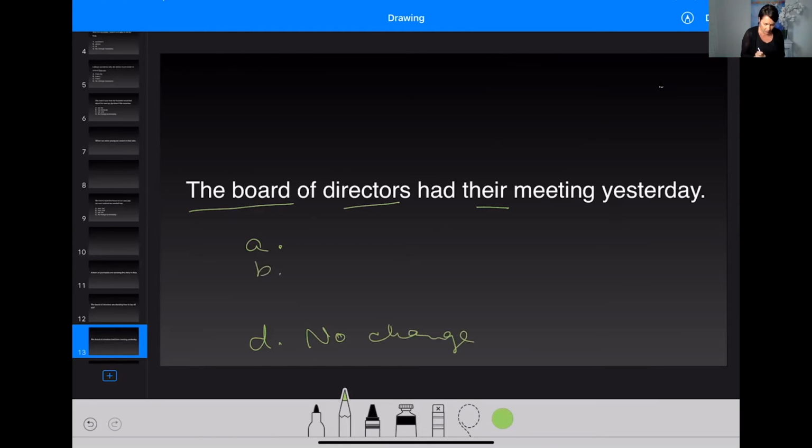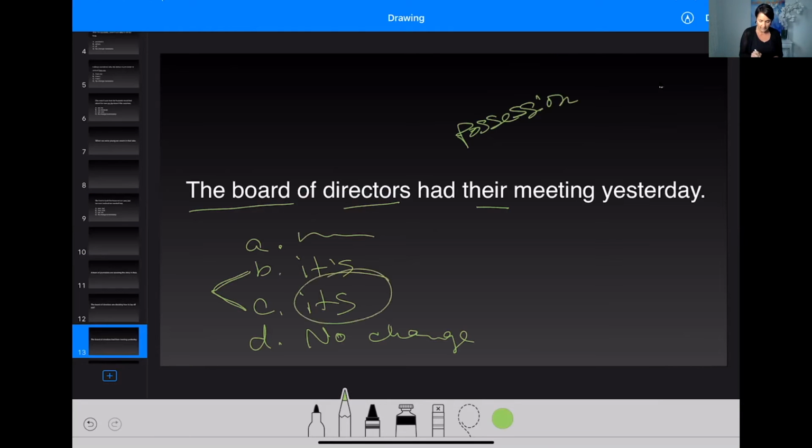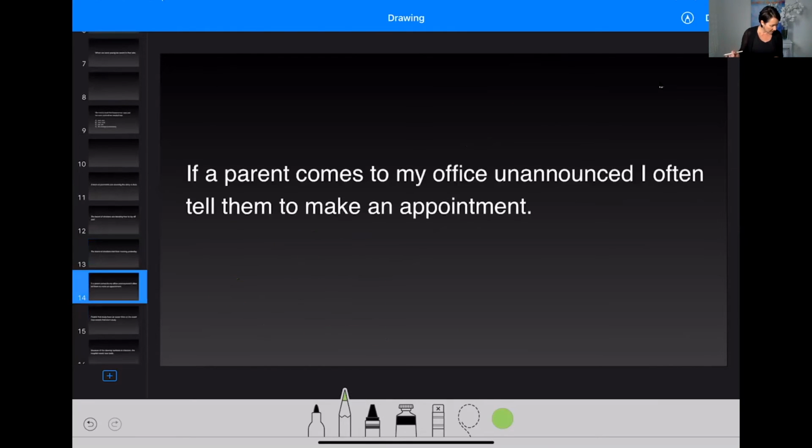They may do something like this. Its versus it's, and A might be something else. I don't know what A would be, but they could give you something like this, B and C there. Make sure you know we're talking about possession, so it needs to be its meeting. All right, good job. Looks like everybody is getting this.